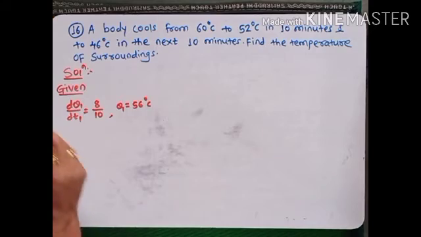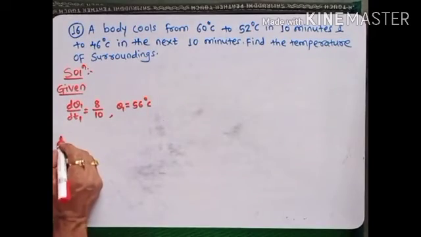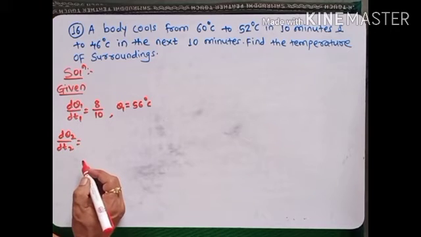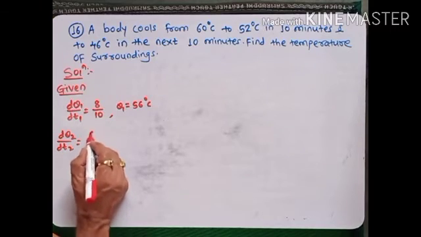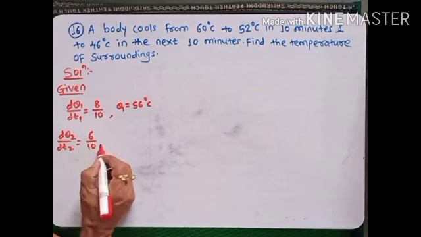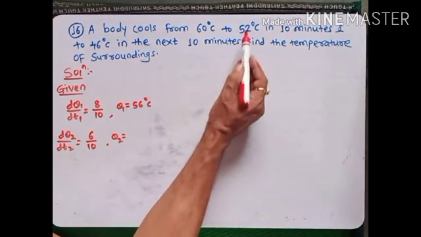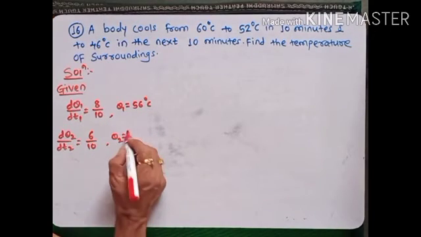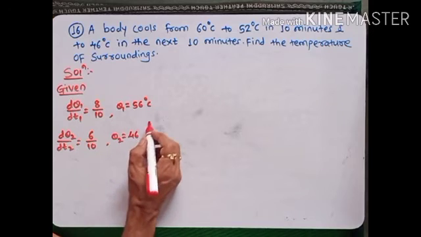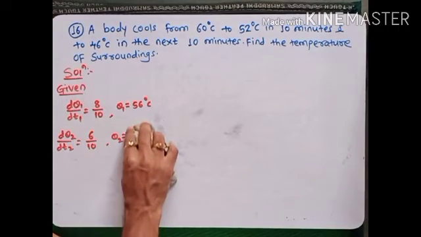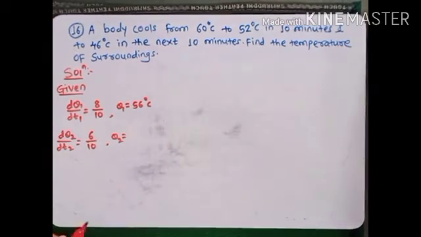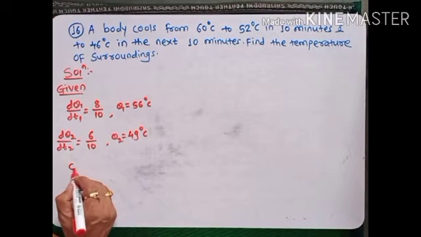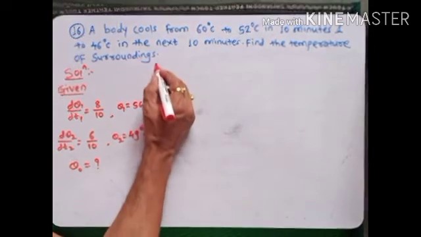Now 52 to 46 means dθ2/dt2 equal to 52 minus 46, means 6 upon 10, and θ2 equal to mean of 52 plus 46, means 98 by 2, we get here 49 degrees centigrade, mean of the two, and we have to calculate temperature of surrounding θ0.